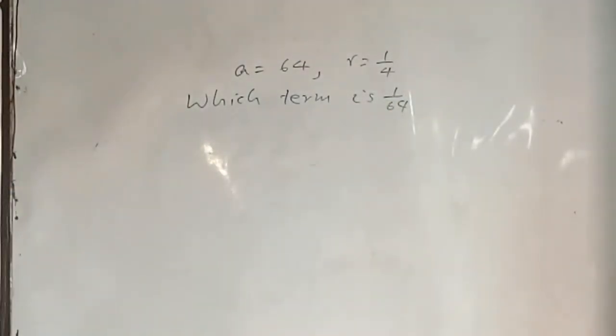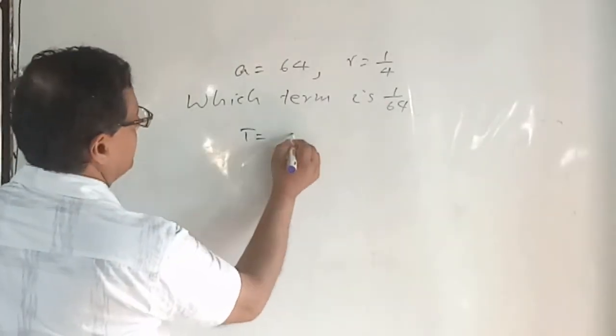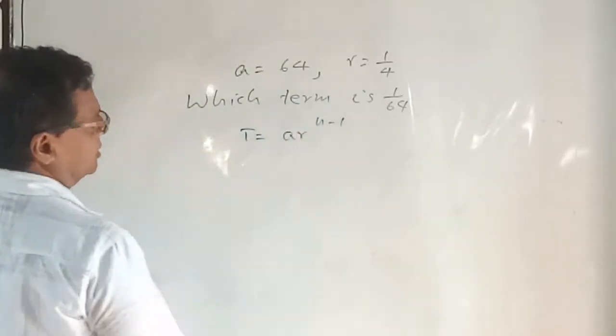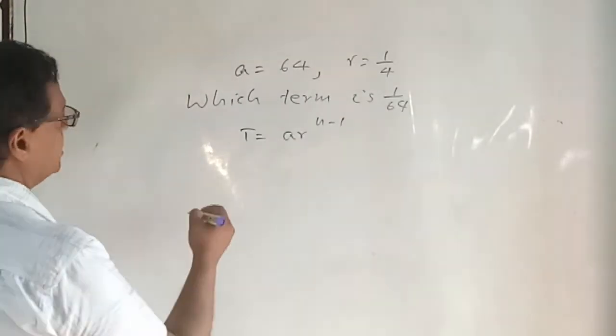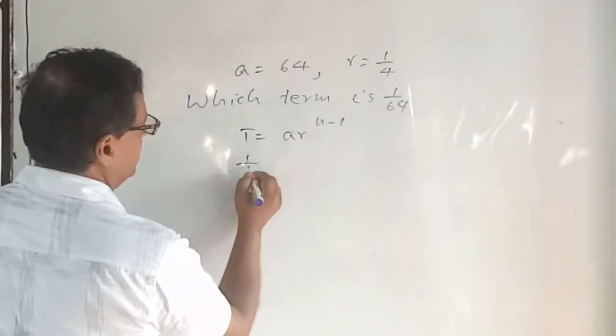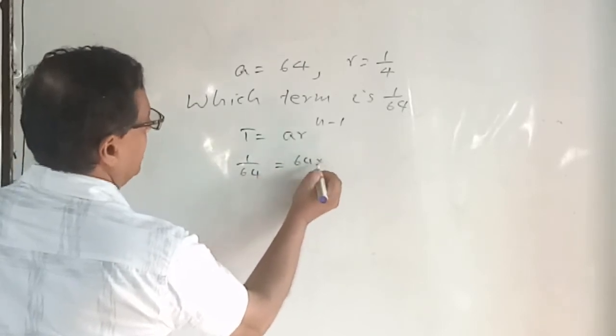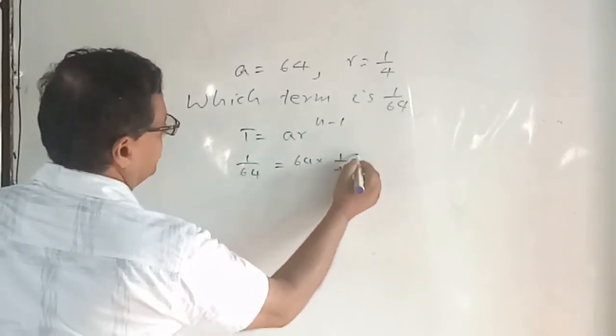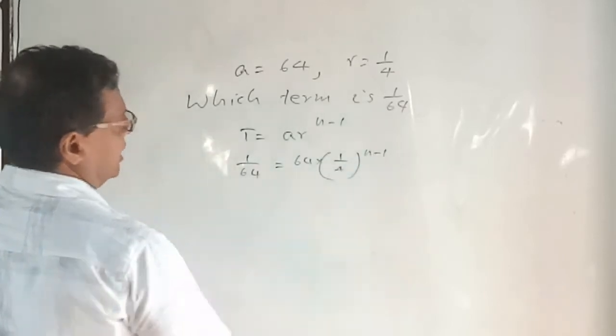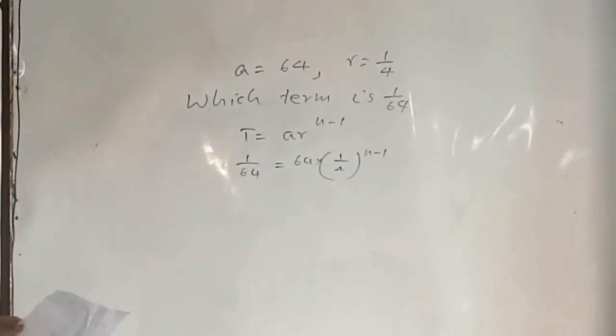That you have to find, the n. So our formula is ar to the power n minus 1, right? Then substitute 1 upon 64, a also 64, r is 1 upon 4, and n minus 1.